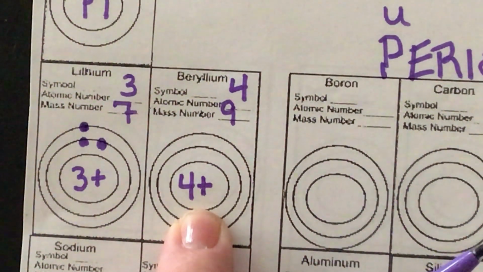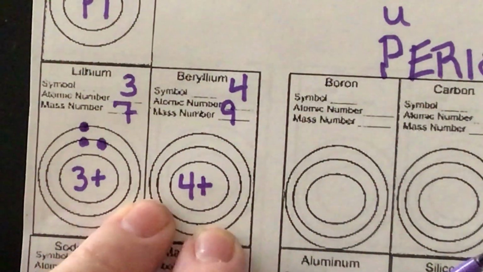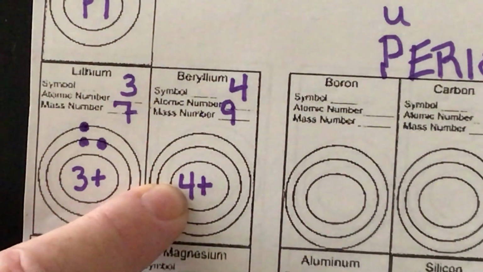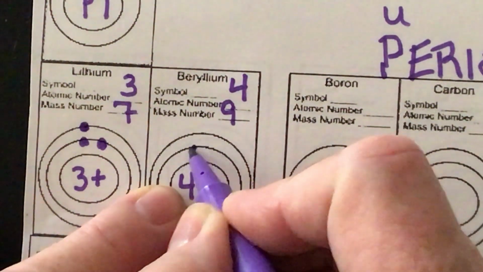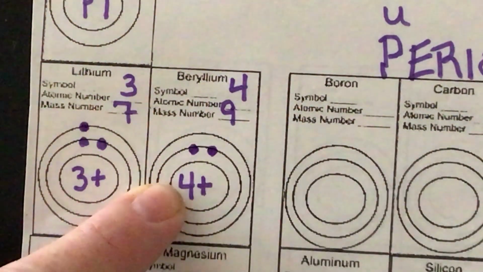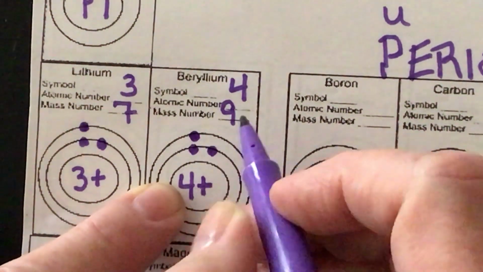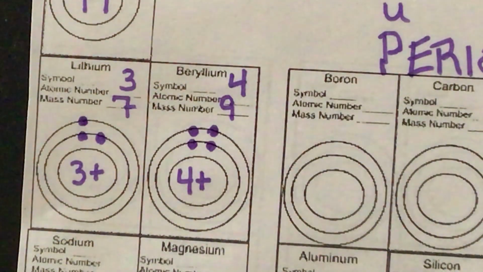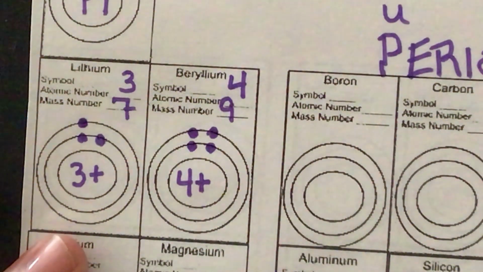Okay, yeah, good. We would have 5. We're not writing it. There's not much room. So we're going to take this number, 4 positives. We need 4 negatives. So we're going to do 1, 2, 3, 4. So the electrons and the protons are the same number.